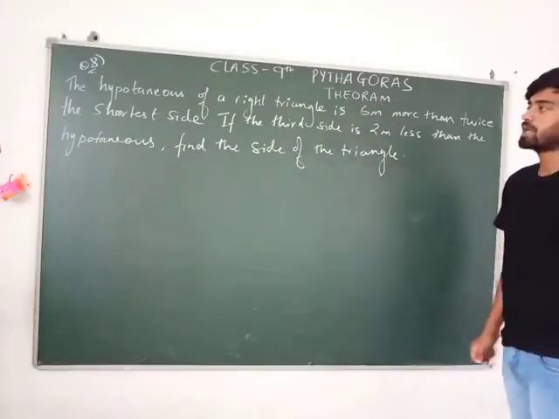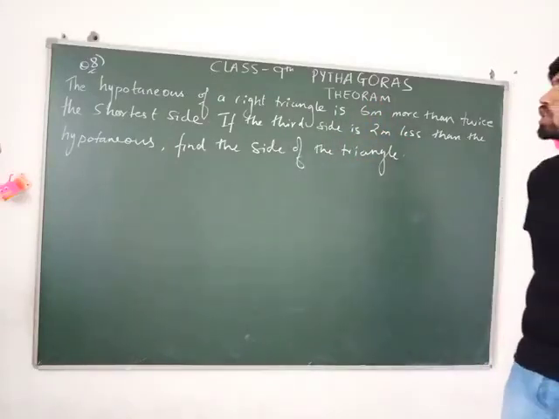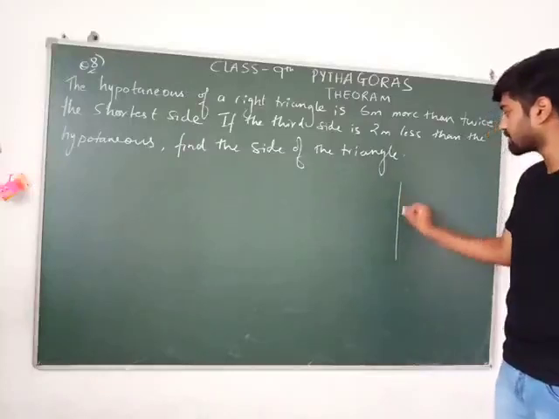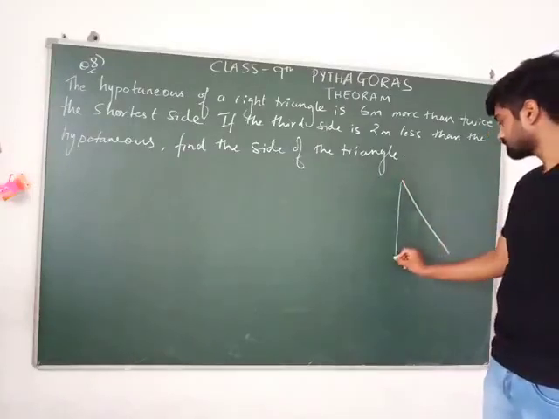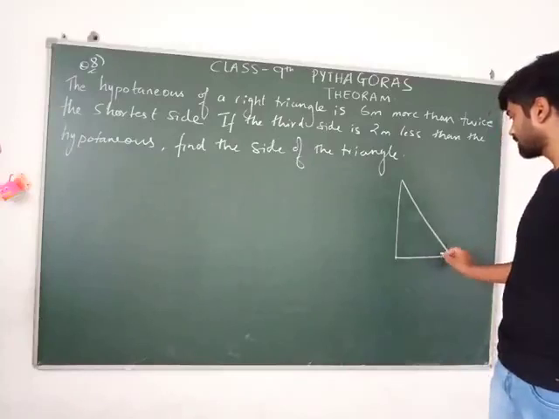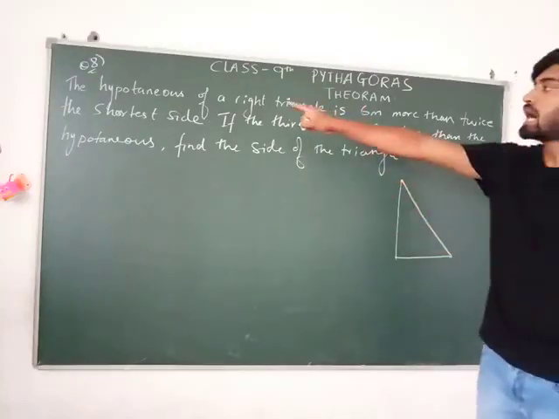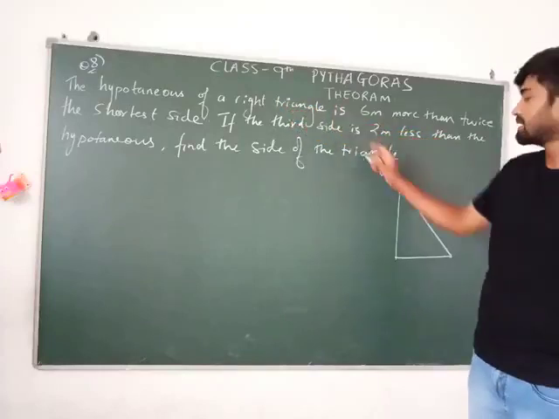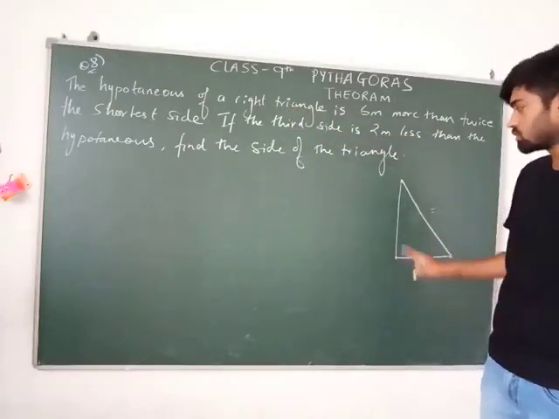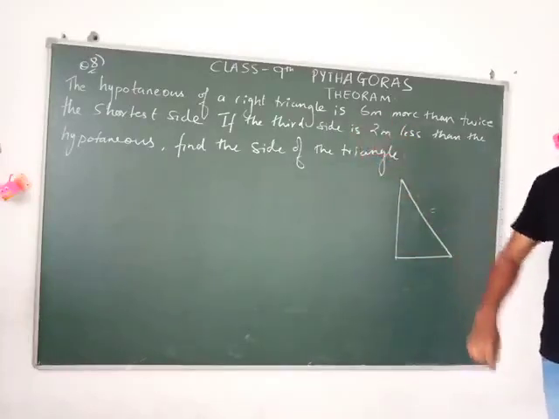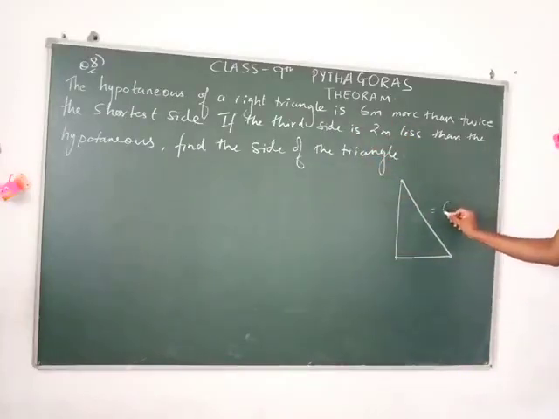So let's see question number 8. Question number 8 says the hypotenuse of a right triangle. So I will be making a right angle triangle. They are talking about this hypotenuse. The hypotenuse equals 6 meter more than twice the shortest side.